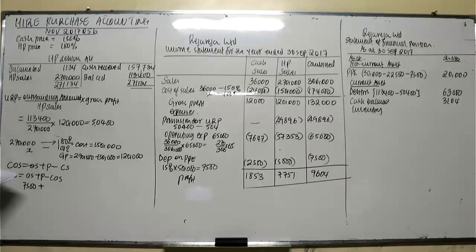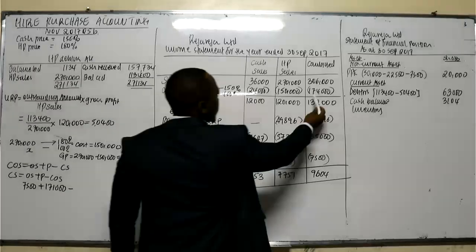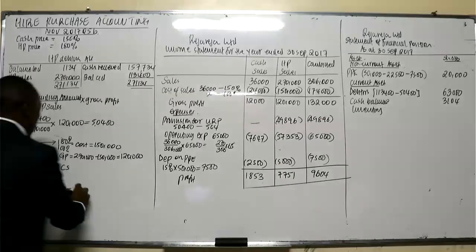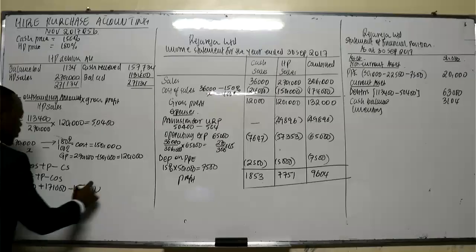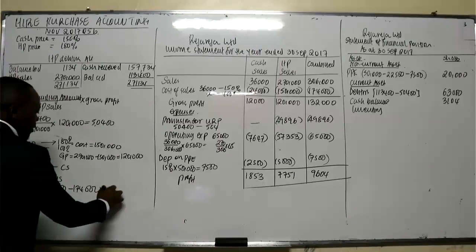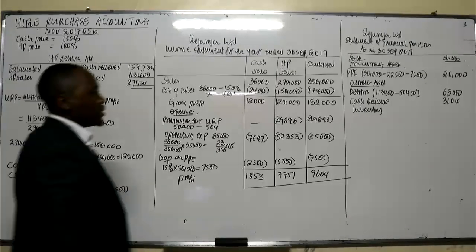Then you add the purchases, which was an amount of 171. Then you deduct the cost of sales. How much was the cost of sales? The cost of sale was an amount of 174. So 375, that is 40. 45. Good.